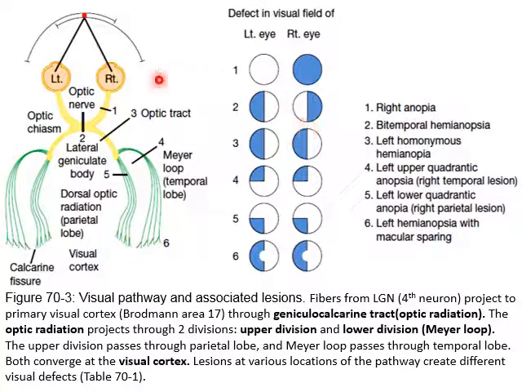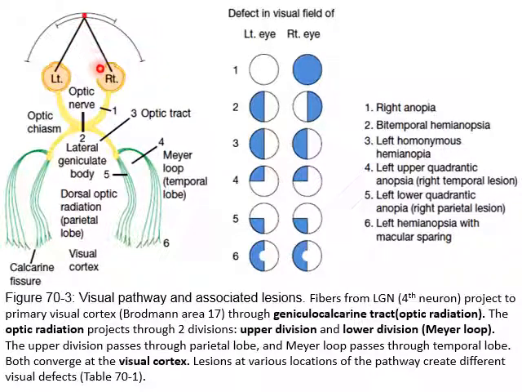Just to remind you, the retina, as I mentioned, is divided into two parts: temporal hemiretina and nasal hemiretina. The temporal hemiretina sees what is present in the nasal half of the field of vision.